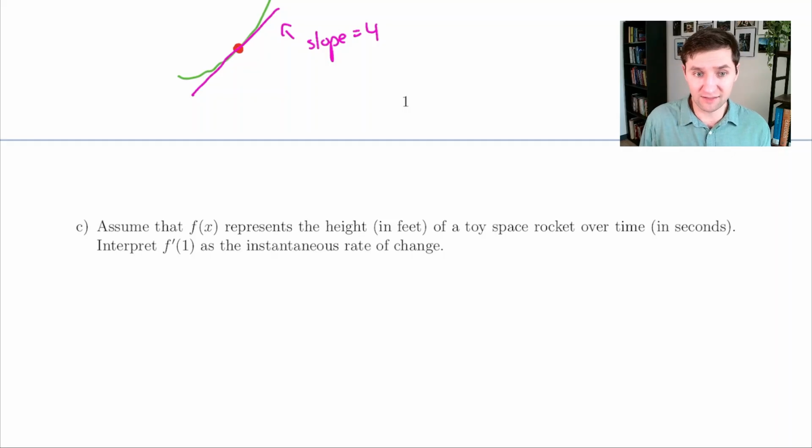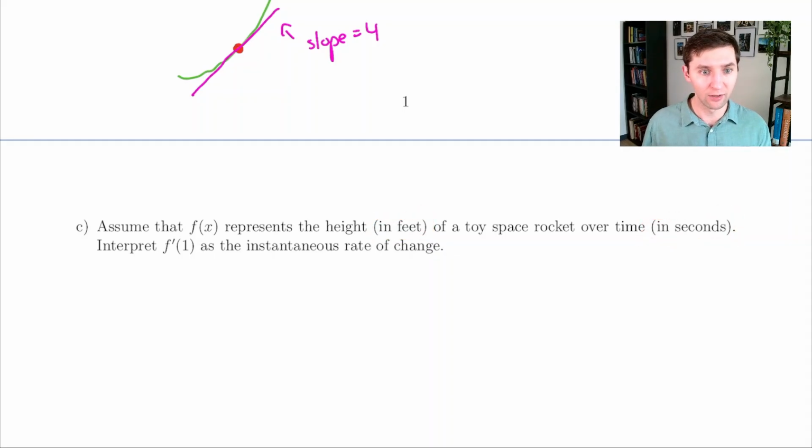To understand this number 4, to understand the meaning of the derivative using physics, we must assign some meaning to the formula of the function. So this time, we will assume that the function f of x represents the height of a toy space rocket over time, where the height is given in feet and the time in seconds.